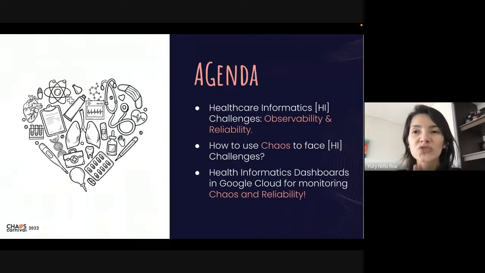Considering that those challenges include chaos in most cases, I am going to explain how to face them using something that we know very well. I am talking about chaos engineering. Finally, considering that chaos engineering is an equation that includes chaos, observability, and resilience, I am going to focus the last part on how you can observe the chaos on Google Cloud Platform.